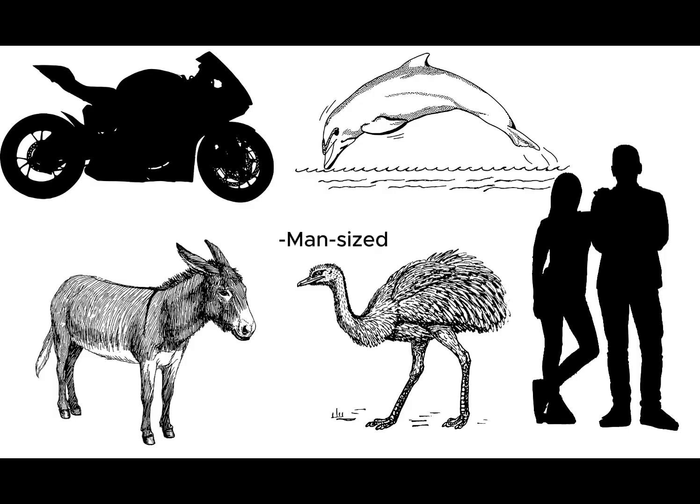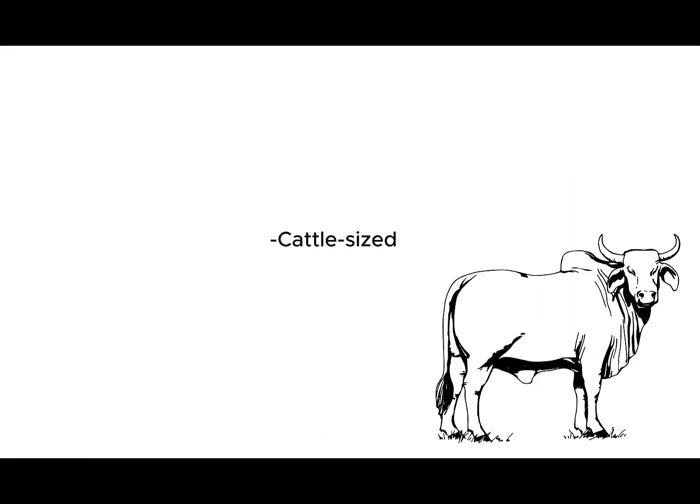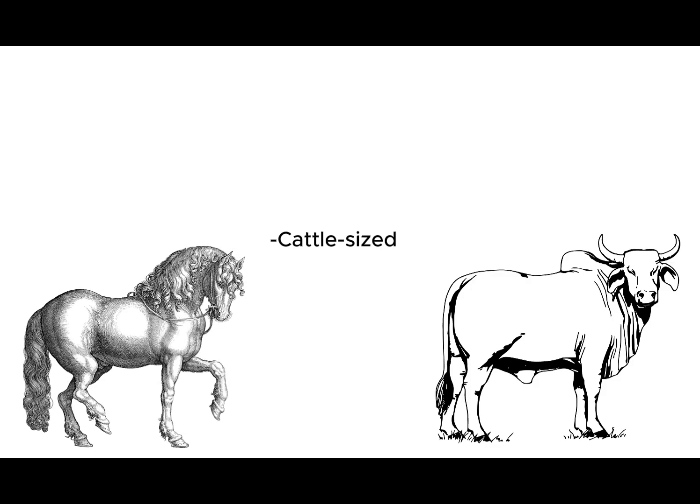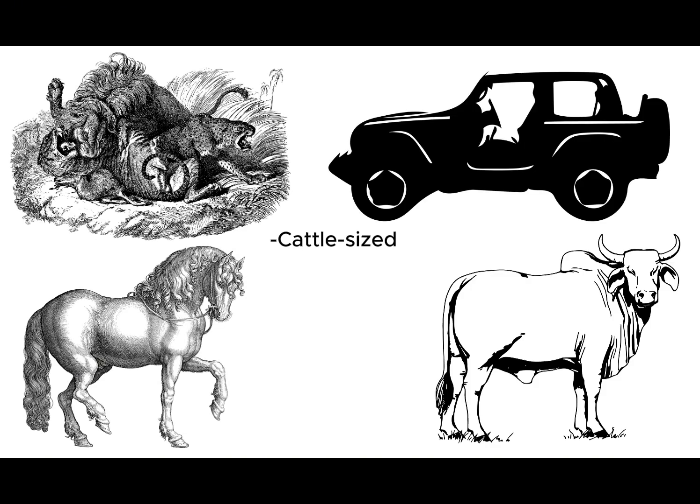I'm picturing from 5 to 7 feet as a fair amount of leeway before something would fall into the next category. Cattle-sized: cows, horses, lions, tigers, bears, cars. Most of us have a general idea of walking up to something that big and being like, oh, okay, that's huge.